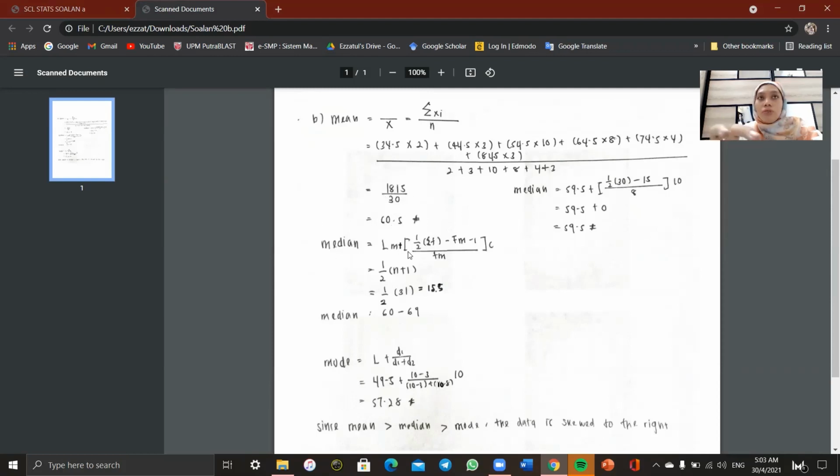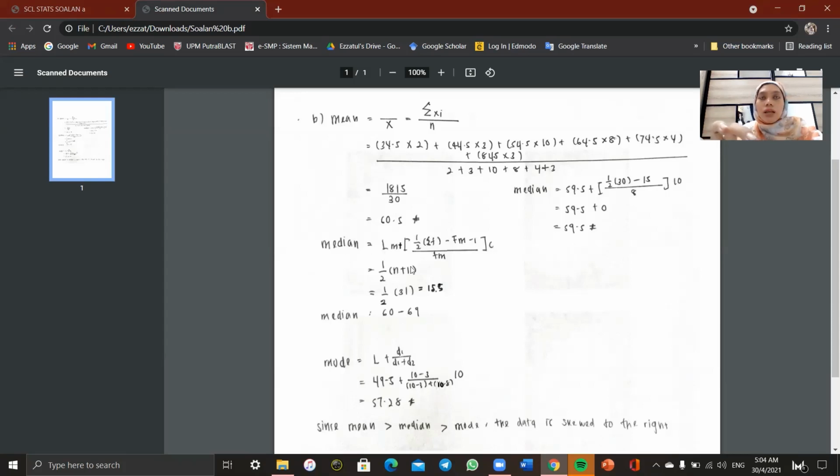Okay, moving on to the median. I'm using this formula: LM, the lower boundary of the median class, plus 0.5 of the total frequency minus the cumulative frequency before the median class, which is FM minus 1, then divide by the frequency of the middle class and times C, where C is the width of the middle class.